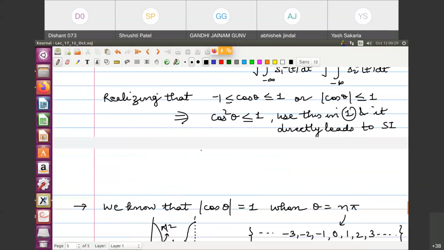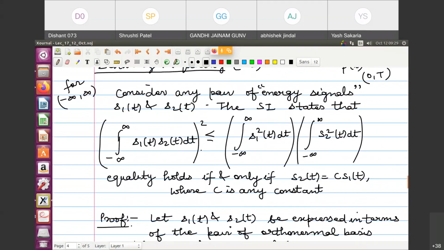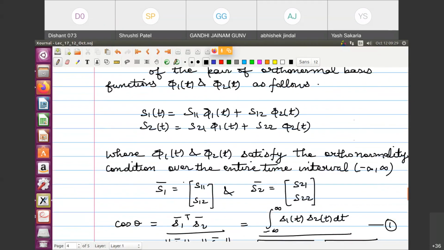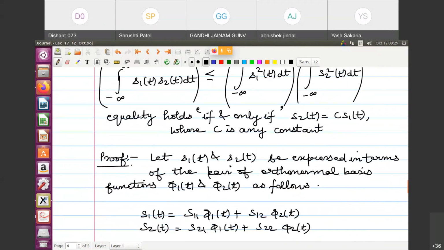Now, one important thing to say here is that we said in the statement that it is an if and only if condition. So we have not proved this by the standard strategy of proving an if and only if statement. That is, first we take that if this is the case, then this holds, and if this holds, then this should be the case. We have just used a very simple way, whatever we have learned for the signal space.